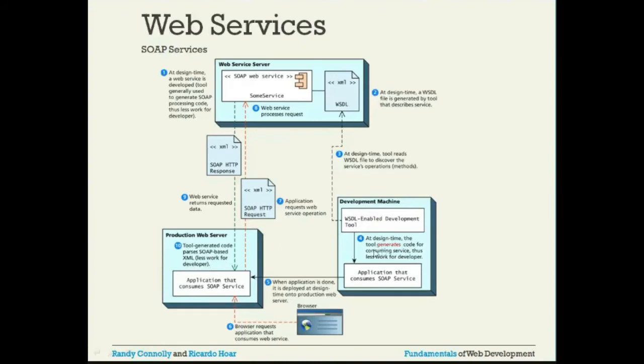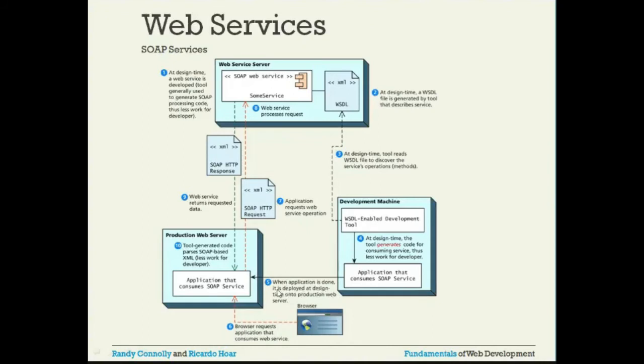The tool itself will generate the code for consuming, for how the service should be consumed. So the tool will generate that particular code, and thus less work for the developer. Once you have the application that consumes the SOAP services, it is generated code, and it can consume the SOAP services.